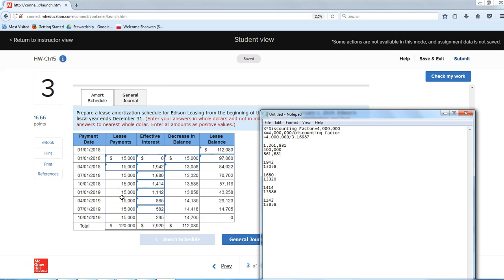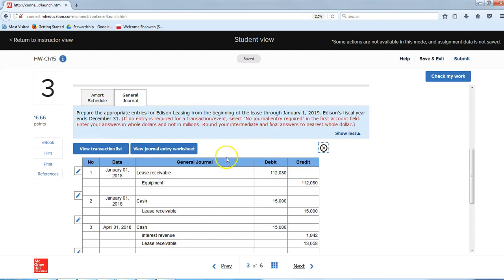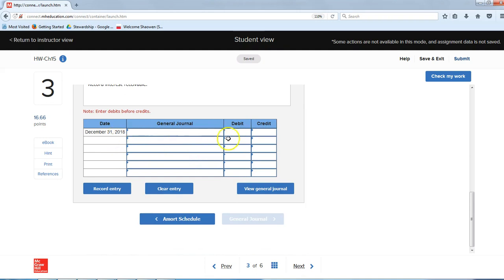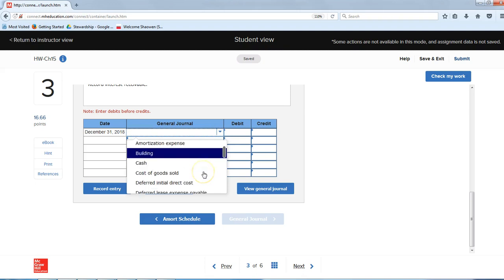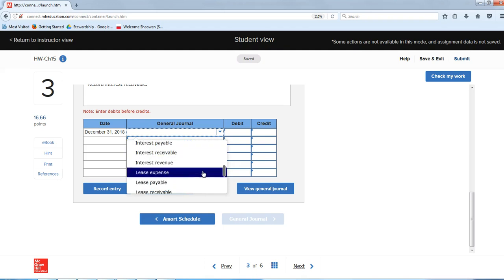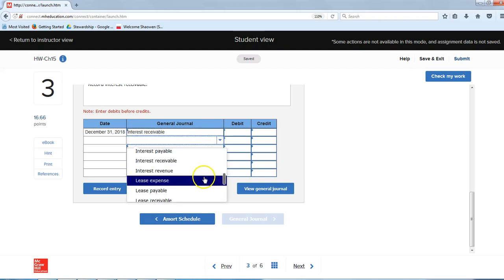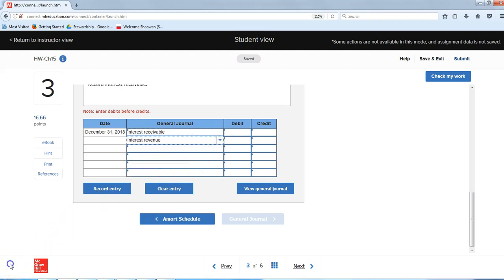It's not the date of paying the lease or receiving the lease payment. This January 1st is the day to receive payment. So on December 31st, they won't get cash. They will only have interest being accrued. So interest receivable and interest revenue, interest of 1,142.